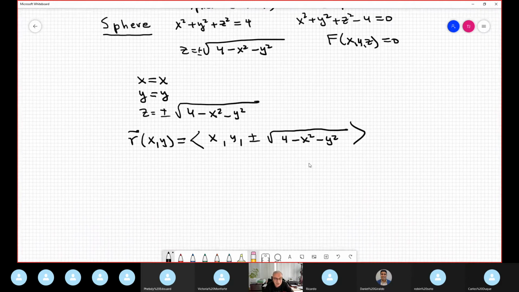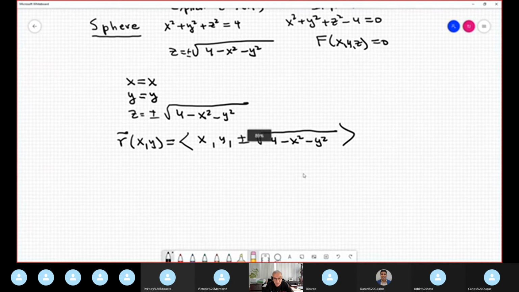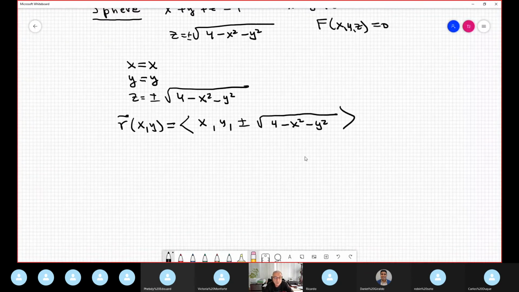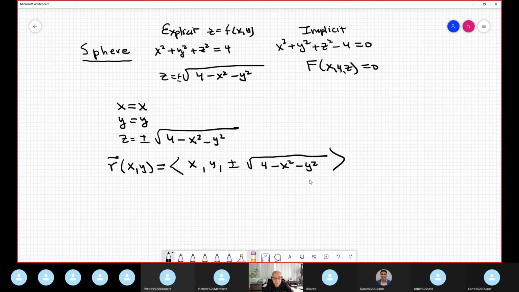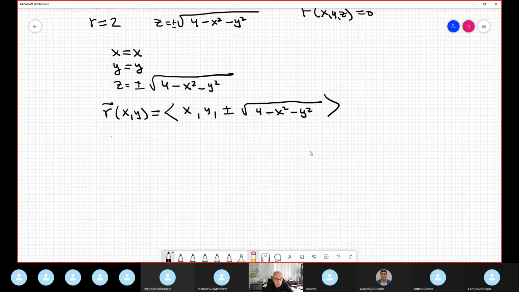The coordinate system matching perfectly with the sphere is spherical. In spherical coordinates, the radius of this sphere is 2, because it's 4 here. So now I'm taking the spherical coordinates, and we're using the formulas.